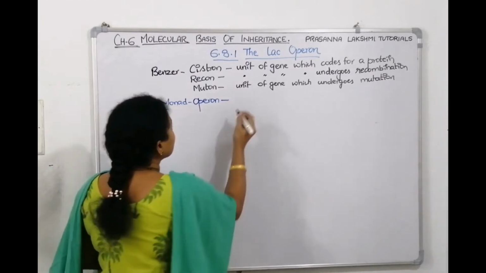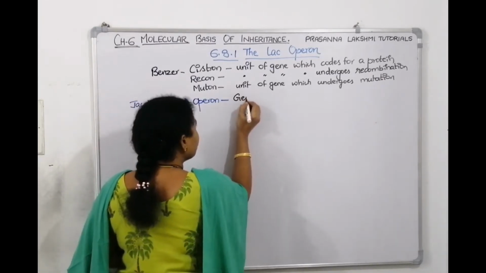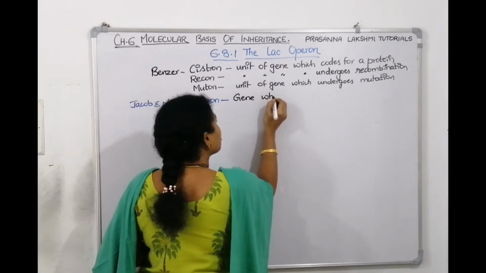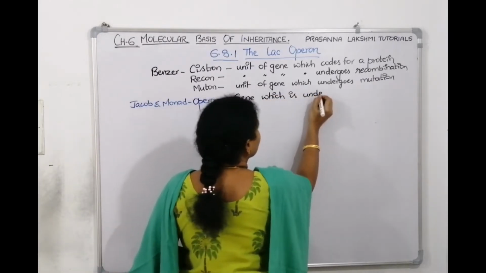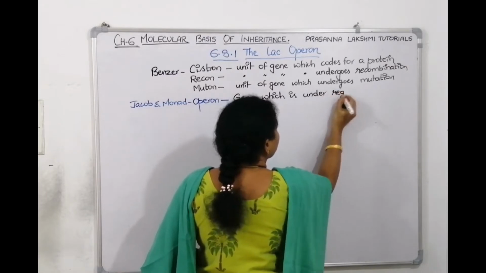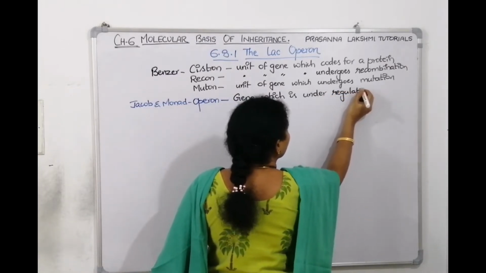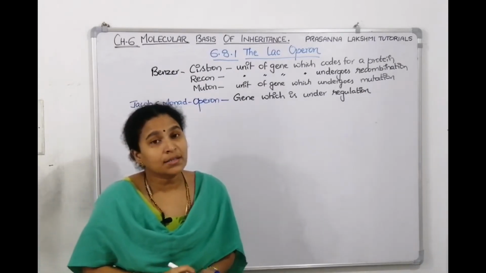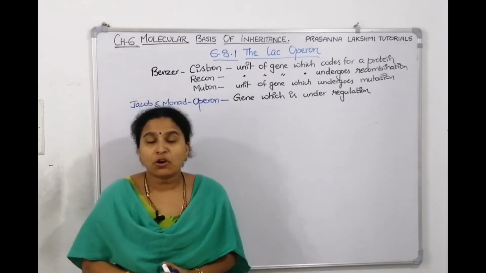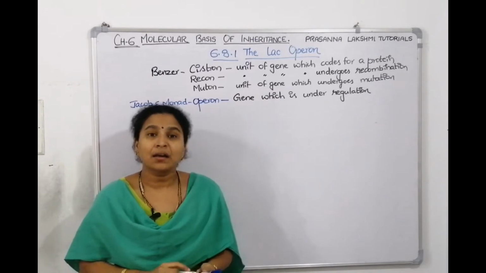So, operon means it is a unit of gene which is under regulation. Who coined the term operon? The term operon was coined by Jacob and Monod.